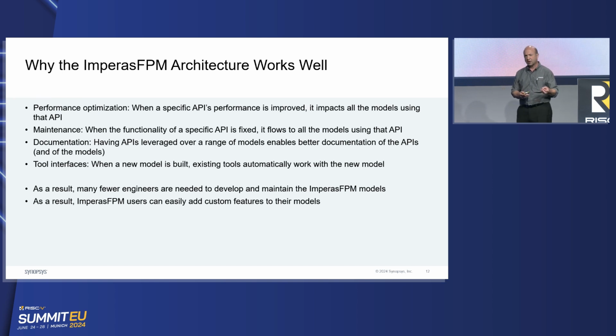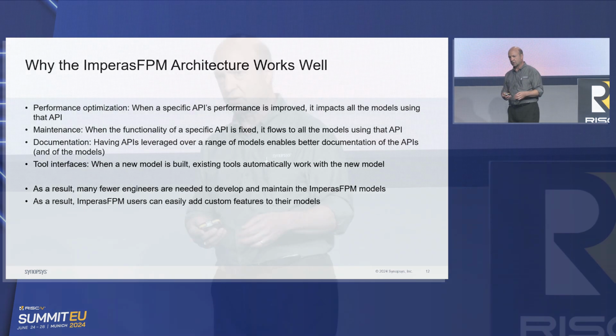Third thing is documentation. So having a clean set of APIs, a well-documented set of APIs, makes it easier to document the model structure. And actually, what we've done there is automatically generate documentation for the RISC-V models. So that's a push-button thing now that gives you what features are in there, but also gives you limitations and what's not in there. And then tool interfaces.